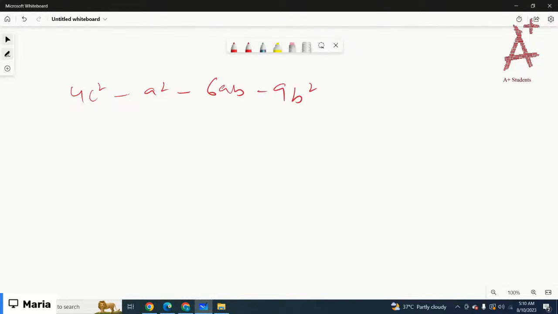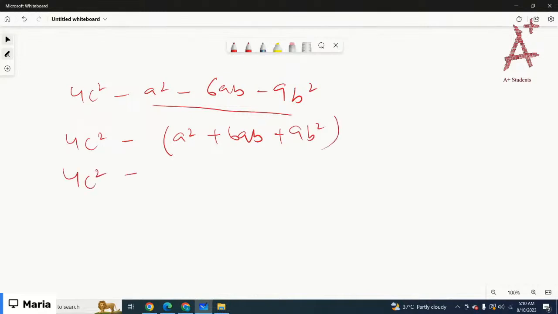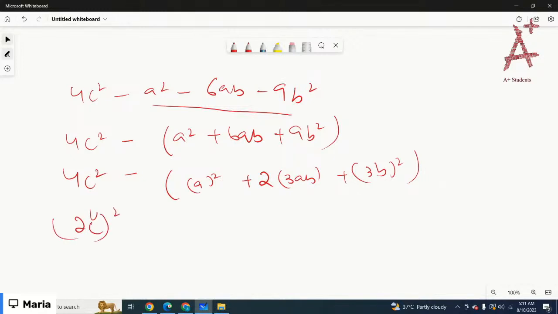Okay, this one is a perfect square, right? You can just take common negative outside, you're left with a square plus 6ab plus 9b square. This could then be the perfect square of a plus 3b. You can see this one is the perfect square of 2c.